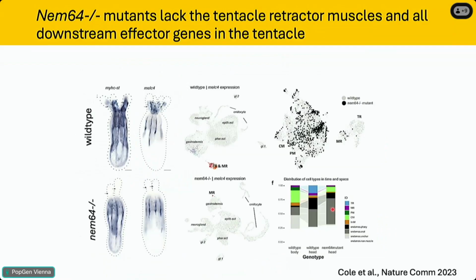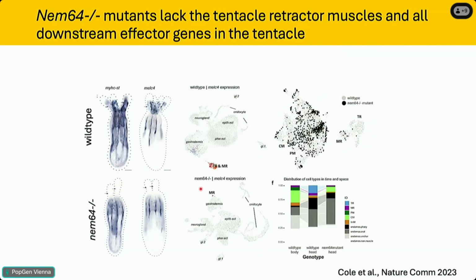This was also confirmed by single cell transcriptomics. You see here, the black dots are the mutant cells in the muscles, and what is missing is any cells from the tentacle retractor muscle in the mutant.